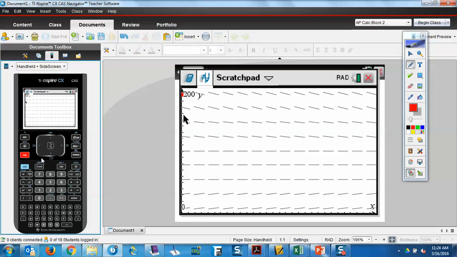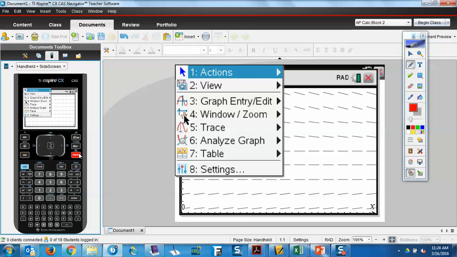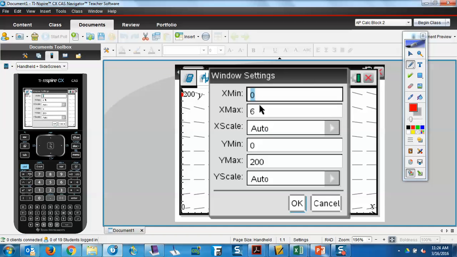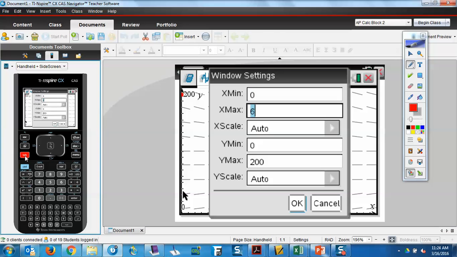I think it's a flat line. Mine took a while to load because I also pressed standard. Let me go back to my window. What's that?